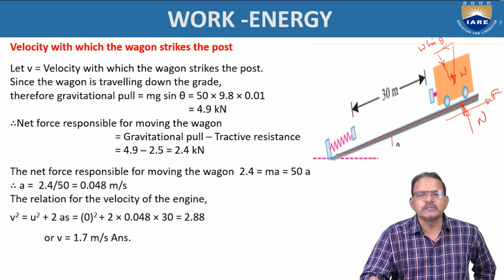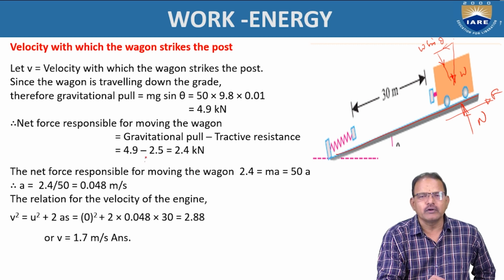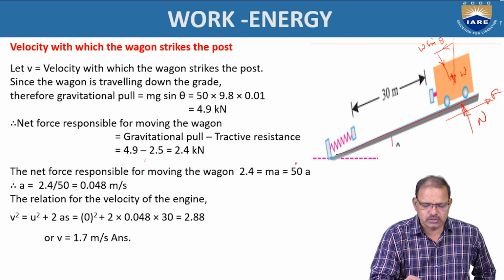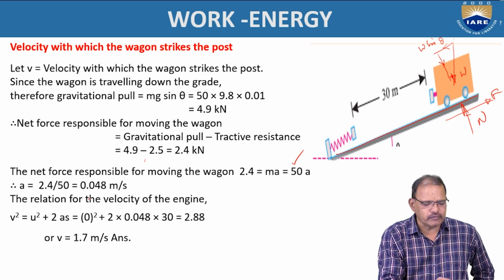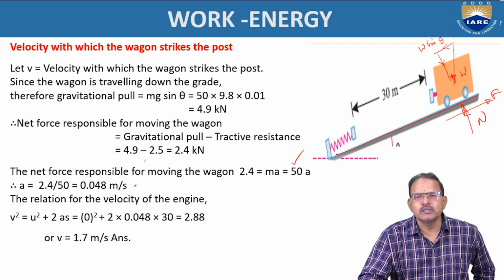The net force responsible for moving the wagon in the downward direction is 2.4, which should be equal to m into a. So 50 a. From this relationship, a is equal to 2.4 divided by 50, which is equal to 0.048 meters per second squared.